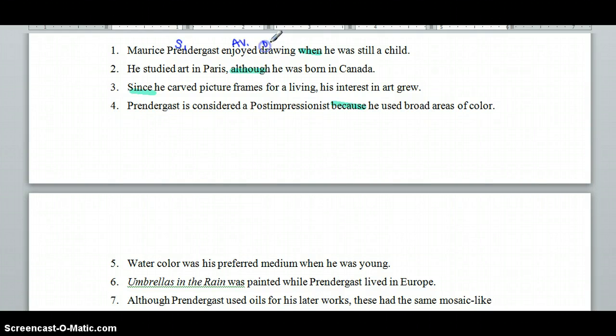Drawing, gerund as a direct object. When, he, subject, was, linking verb, child, predicate nominative. But this word helps me see that that is telling me when he enjoyed, when he was still a child, adverb.